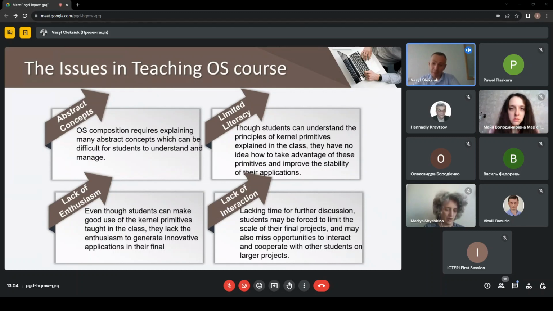Lack of interaction and cooperation. In particular, lacking time for discussion, students may be forced to limit the scale of their final project and may also miss opportunities to interact and cooperate with other students on large projects.